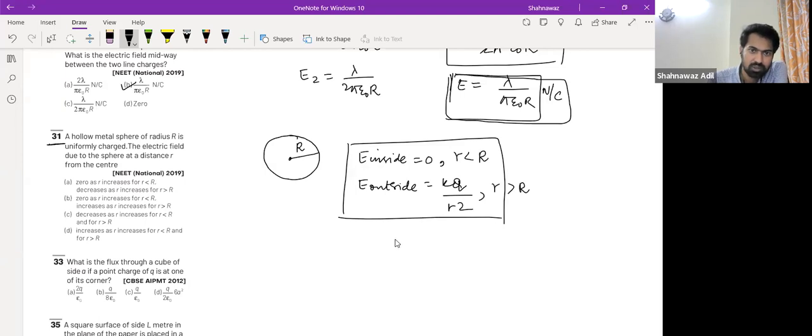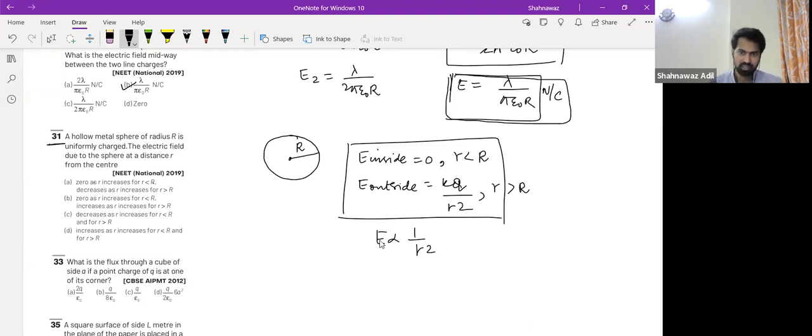So as you can see, as r increases for r less than R, E is 0. And for r greater than R, E is 1 over r square. If I increase r, will E decrease or increase?